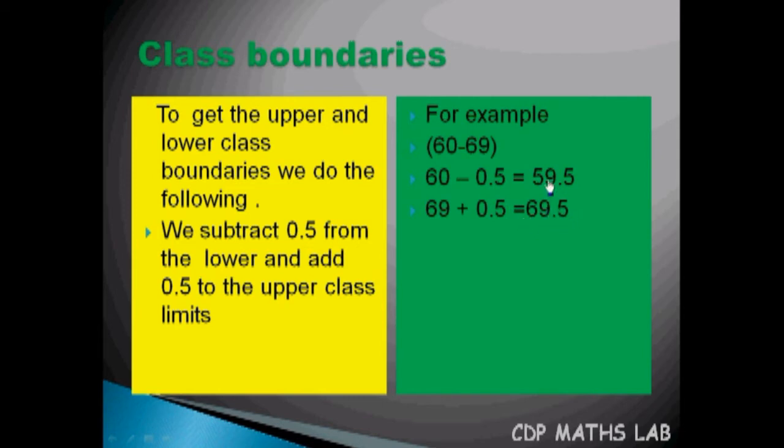So everything would fall between these two boundaries. So here are your class boundaries: 59.5, which is your lower class boundary, and 69.5, which is your upper class boundary. I'm going to ask you now to take one of the other classes, make up a question for yourself and find the class boundaries.